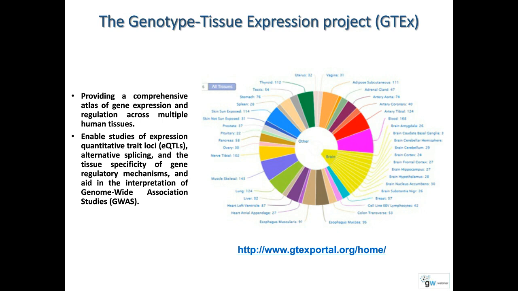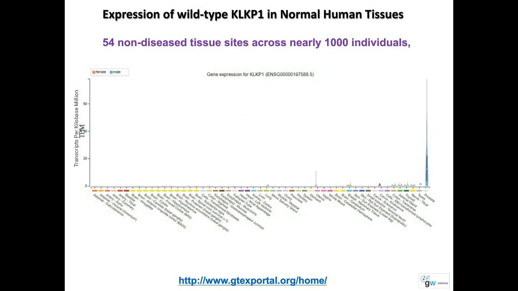If you are interested in any particular gene in cancer, you may want to look at the expression of this gene in benign tissue. With this type of analysis, in this slide I show that the full-length KLKP1 is expressed only in prostate tissue, not in any of the other 52 tissues, which shows the specificity and the importance of KLKP1 in prostate tissue.